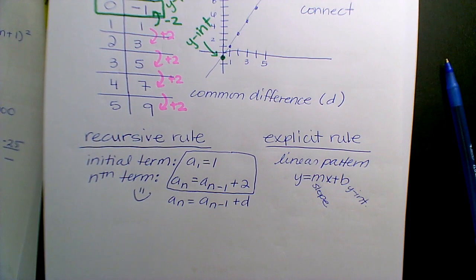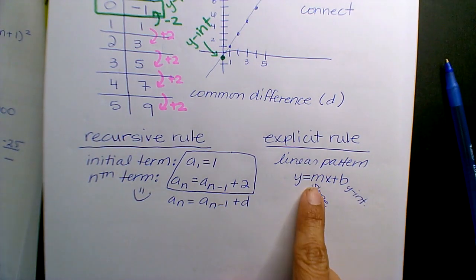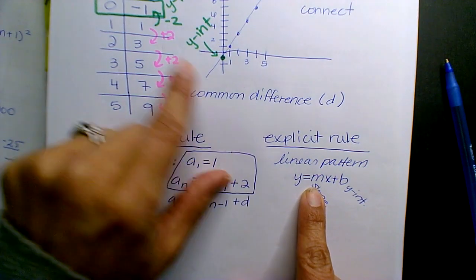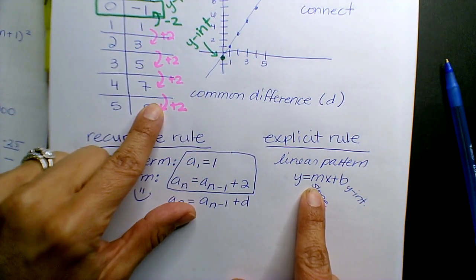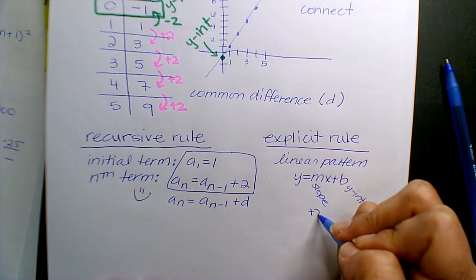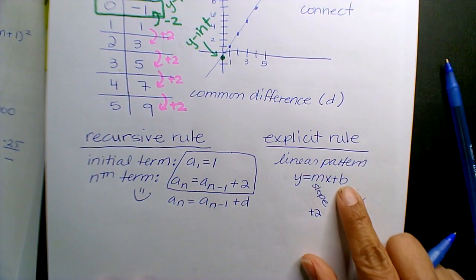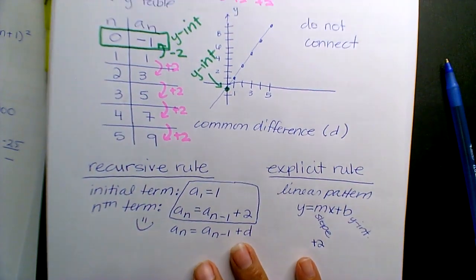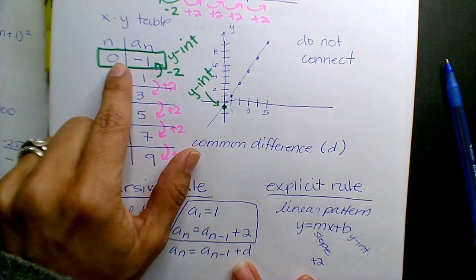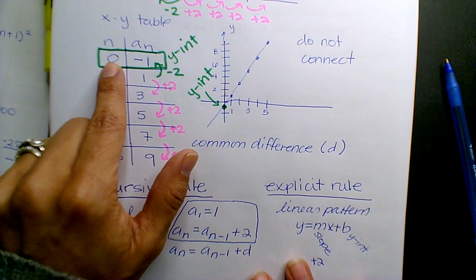The slope is your common difference. It's that plus 2. So this is your plus 2 common difference. Your y-intercept is the value of the term at 0, which is -1.